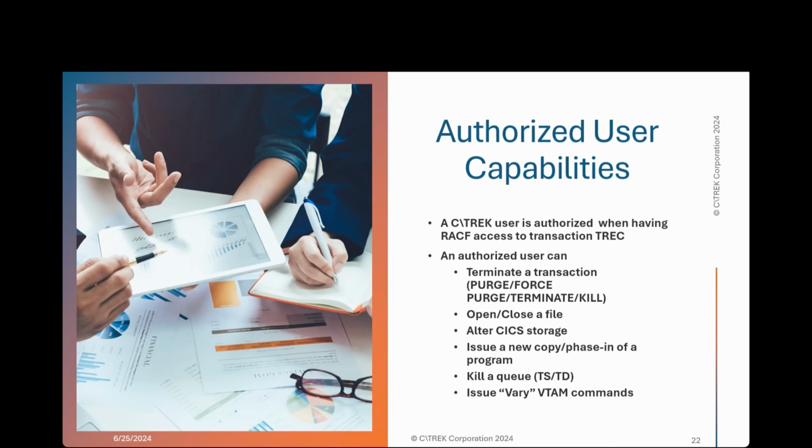You can alter storage, CICS storage. You can issue a new copy or a phase-in of a program. You can kill a TDQ or a TSQ, and you can issue vary commands from VTAM. I think there's a couple of other things you can do, but I can't remember them right now. But these are some of the things that you want to control if you don't want everyone to have that capability of being able to force purge the transactions and so on.